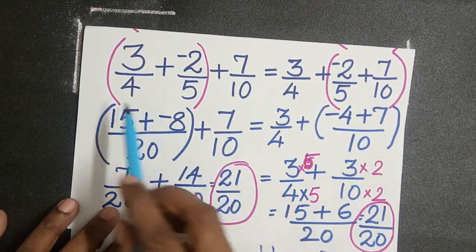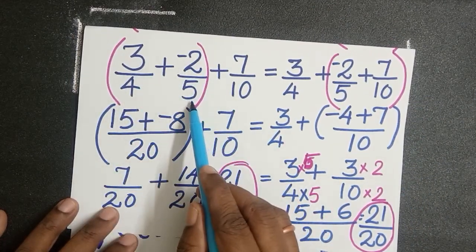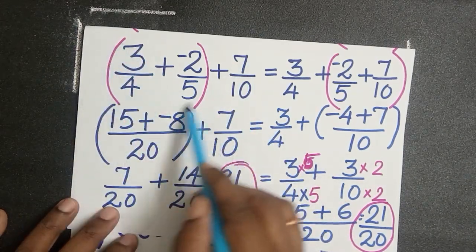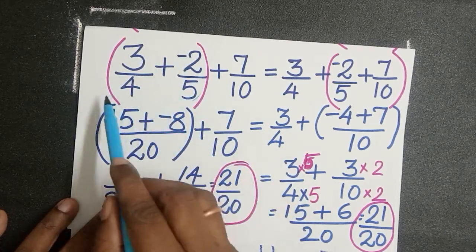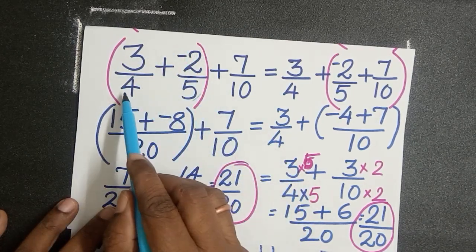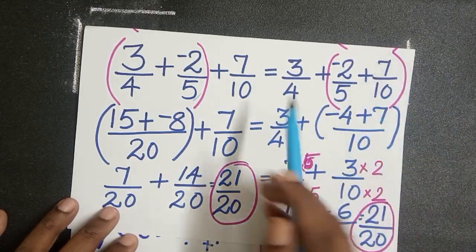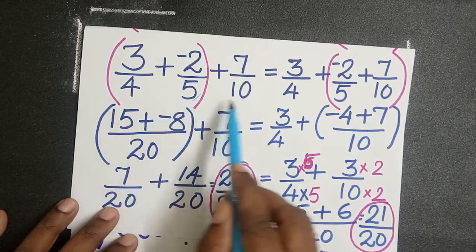You see here, I have taken three rational numbers, 3 upon 4, minus 2 upon 5, 7 upon 10. Here in the first part, in the left hand side, LHS, I have taken these two first. And on the RHS, I took these two first. Okay, so let us see the LHS. Here I found the LCM already of 4, 5 and 10.